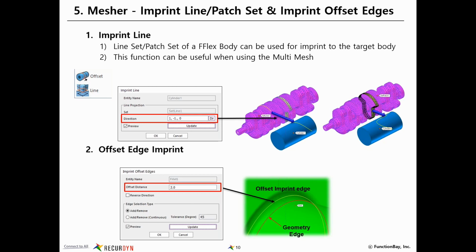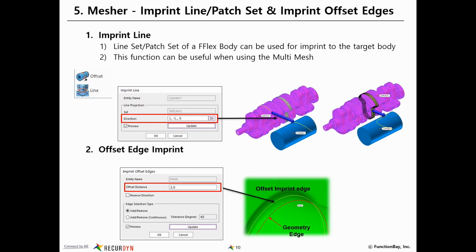So there's a certain line where you want your nodes to line up with, or there's a certain patch set where you want that patch set to line up with a second piece of geometry.